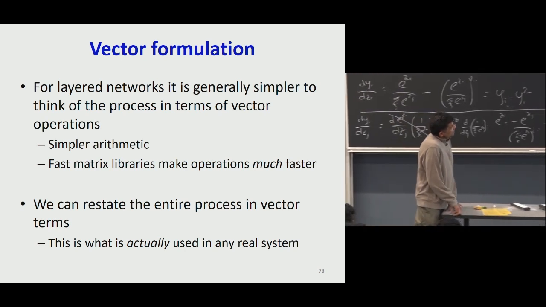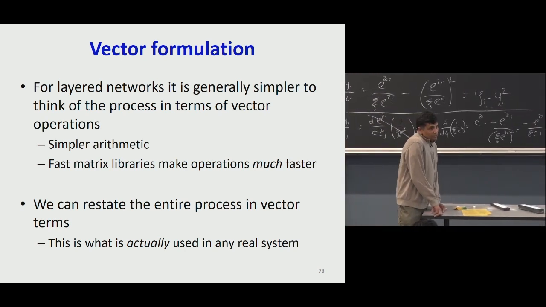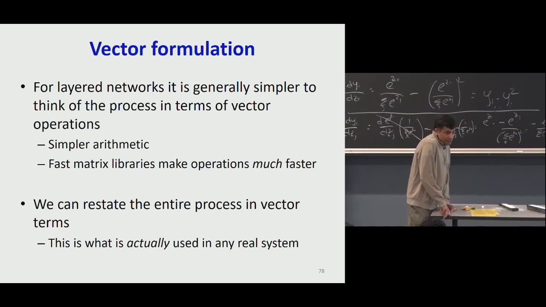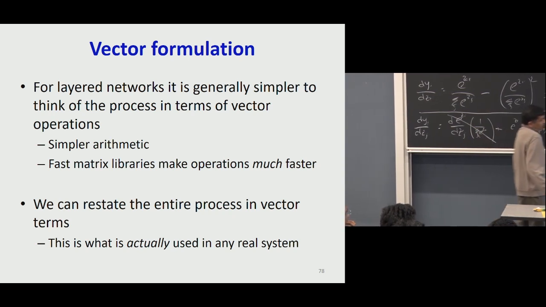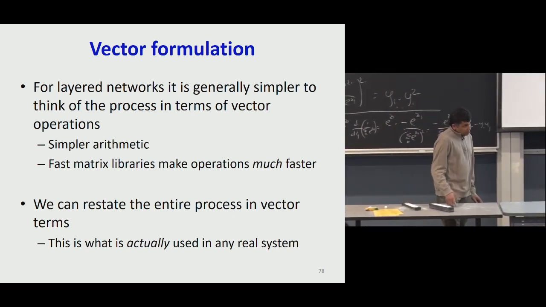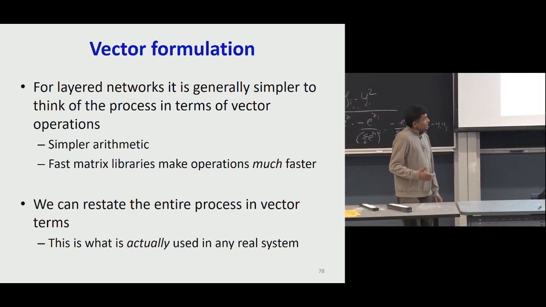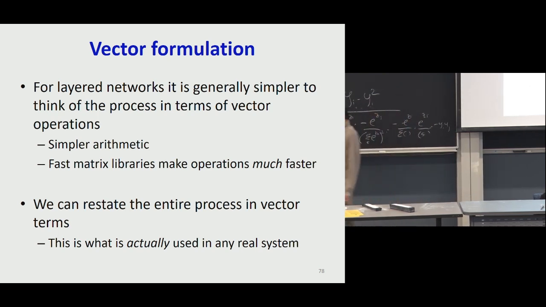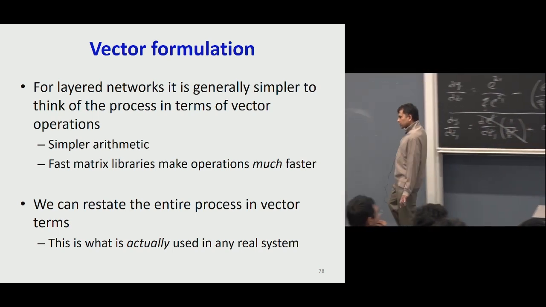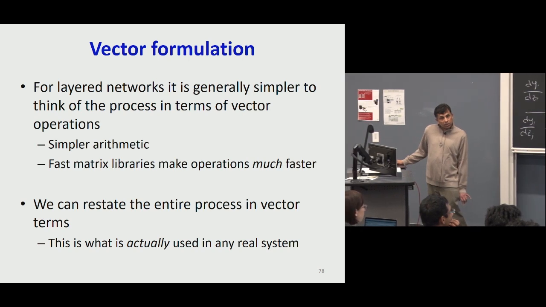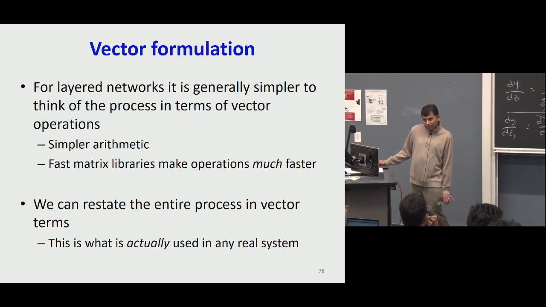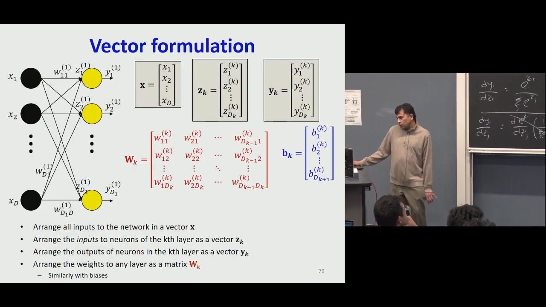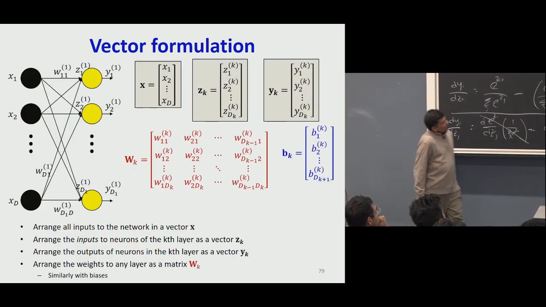For layered networks, the vector arithmetic is not only simpler to visualize, it turns out that you can actually exploit parallel processing abilities, which is why we use GPUs, right? And you can do the whole thing in vector arithmetic. You can restate the entire process in vector terms, and this is what is actually used in a real system. Every time you write code, you're using tensors and vectors, right? So how do you do this for vectors?